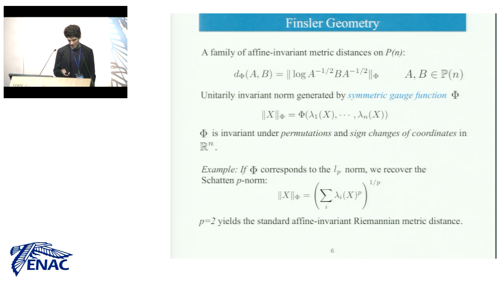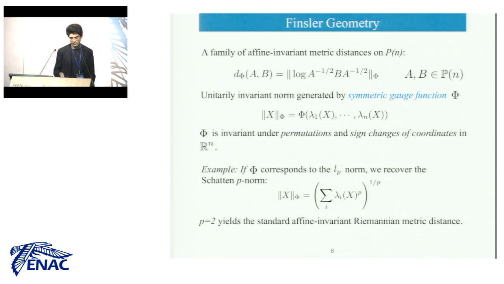So it's a generalization in that sense. And we get this family of affine invariant metric distances derived from these local structures, and that's the form on top of the slide there. And all we need is that phi has to be a symmetric gauge function on vectors.